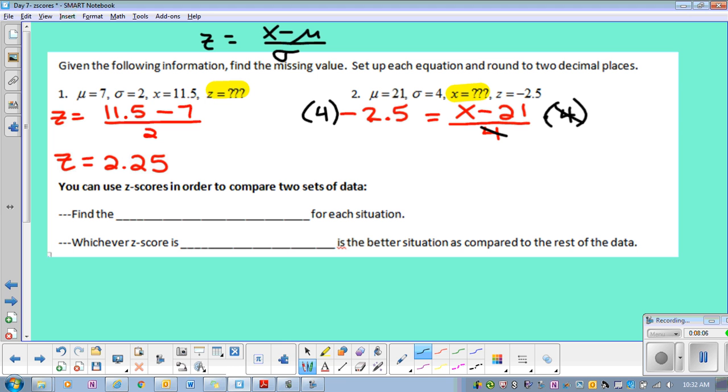That gets rid of the denominator. You have x minus 21 equals 4 times negative 2.5, which is negative 10. And then you add 21. Then x equals negative 10 plus 21, which is 11.